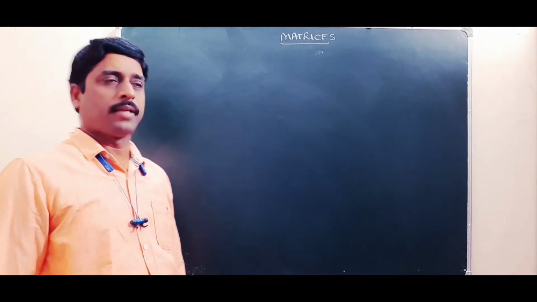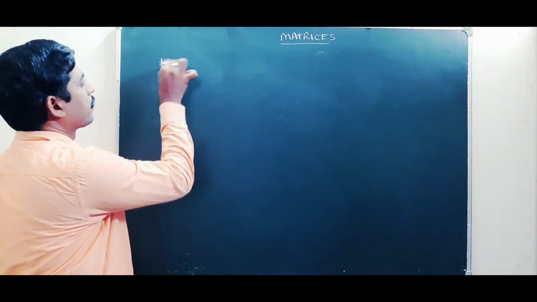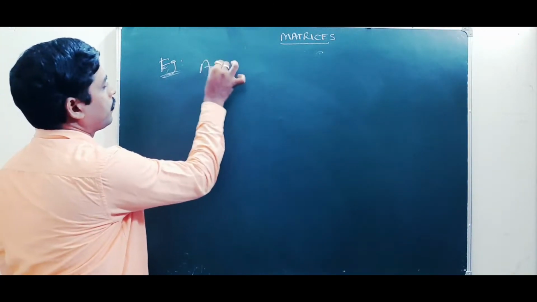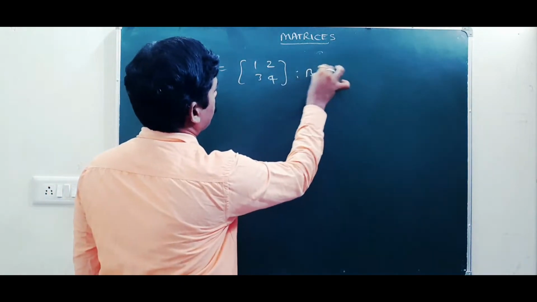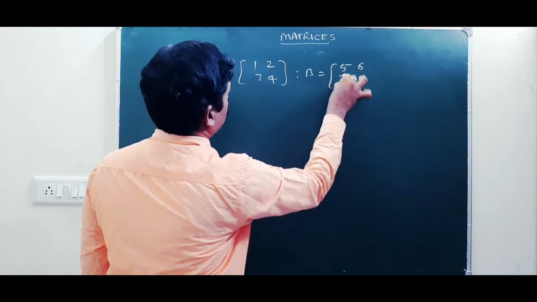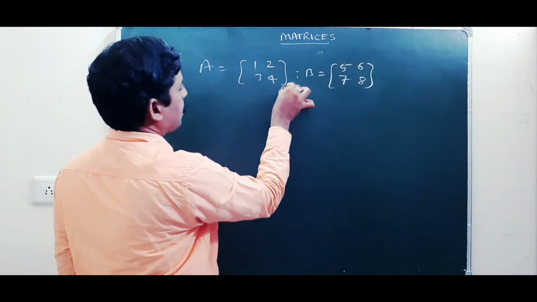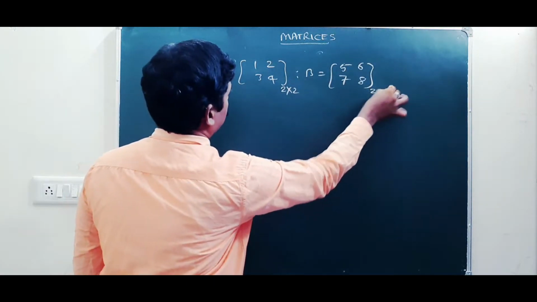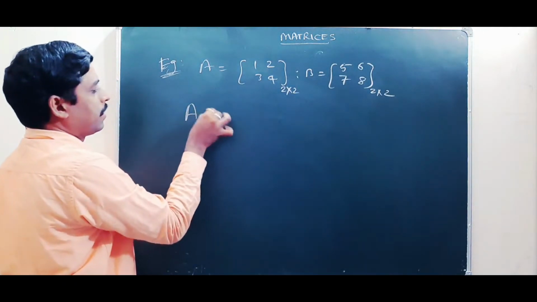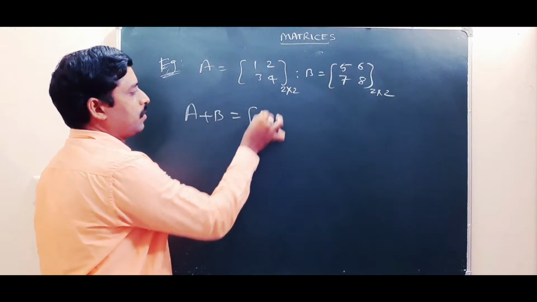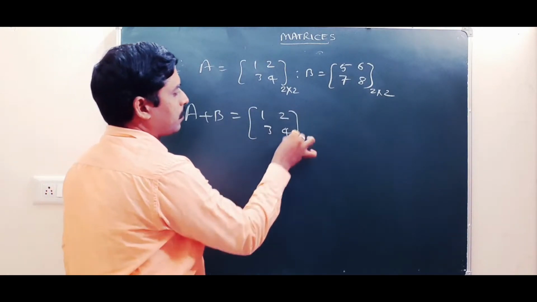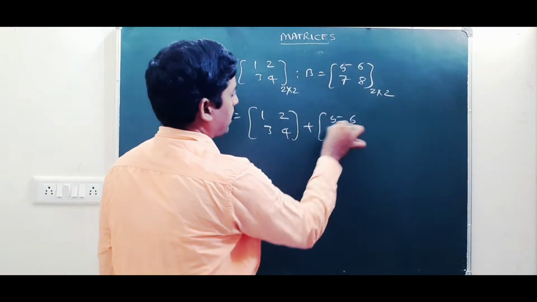Now one example. A has 1, 2, 3, 4 and B has 5, 6, 7, 8. A and B have the same order. So A plus B equals 1, 2, 3, 4 plus 5, 6, 7, 8.